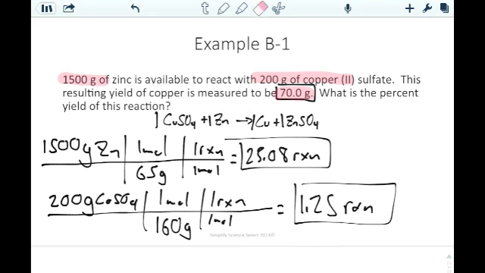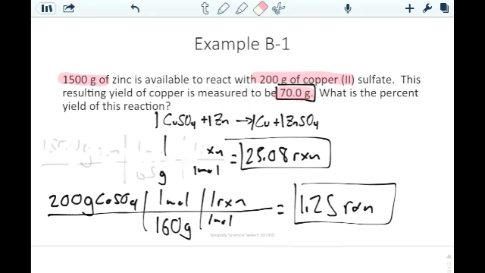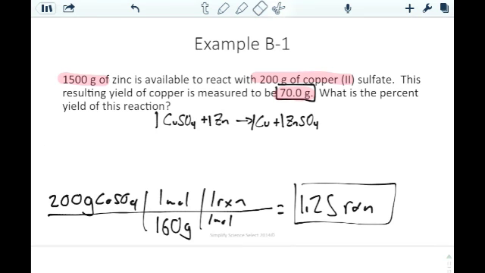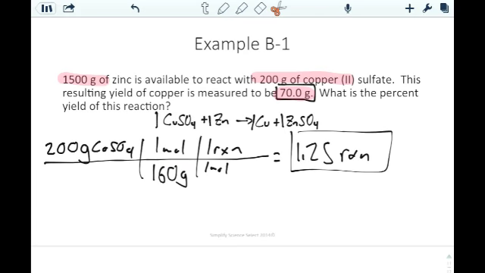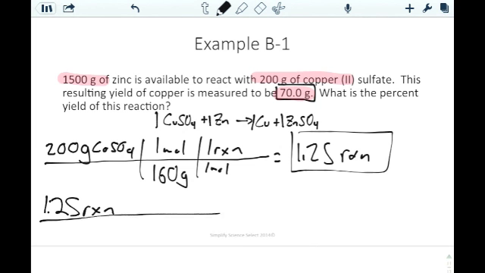So we start there. We really don't need zinc anymore, so we'll get rid of it. We need the space. So if this is our limiting reactant, let's find our theoretical yield. So we start with our 1.25 in a reaction, and we're trying to find, since it's the resulting yield of copper, copper.